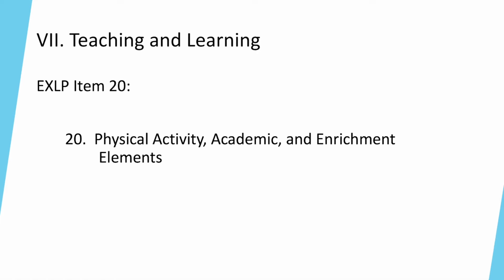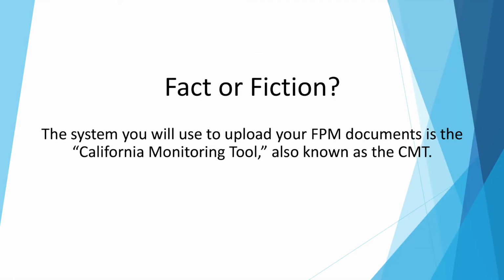The 7th and final dimension is teaching and learning and covers the remaining EXLP item, number 20, physical activity, academic, and enrichment elements. Fact or fiction? The system you will use to upload your FPM documents is the California Monitoring Tool, also known as the CMT. Fact. Find the link to the CMT on the resource page at the end of this video.